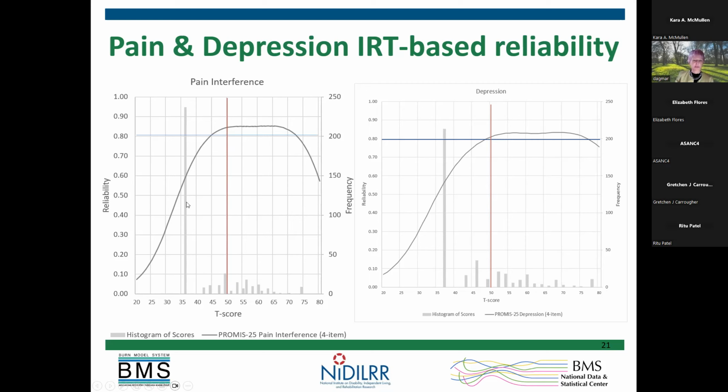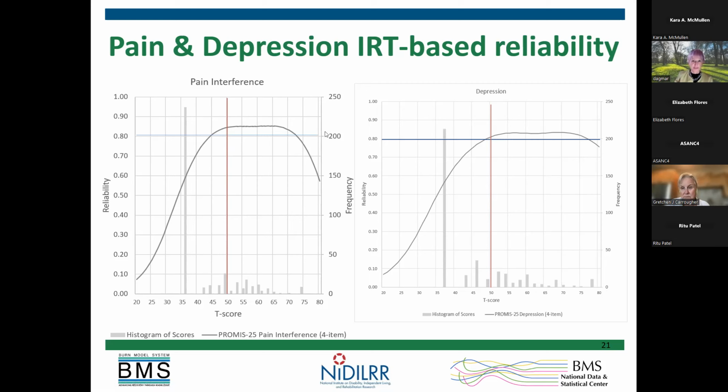What you're looking at down here is a histogram of people in the sample that we used to generate this graph. And what you see is that most people's response was not at all, or very little pain interference in this case, or very little depression in this case.